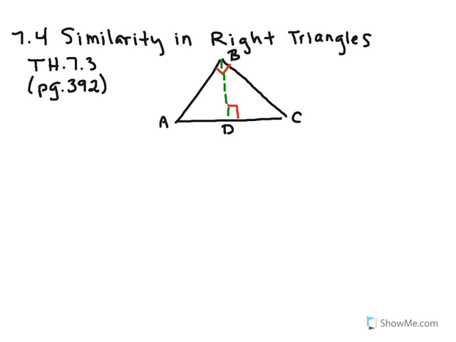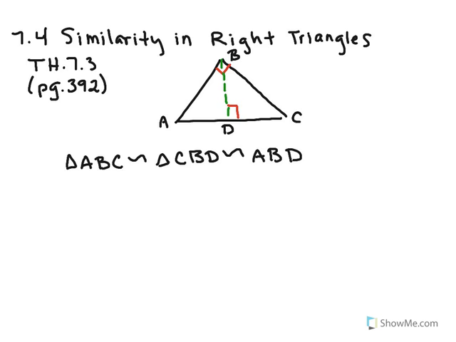If I have one big right triangle and the altitude is drawn, just like I have here, then it means that we have three similar triangles. I could say triangle ABC is similar to triangle CBD is similar to triangle ABD.